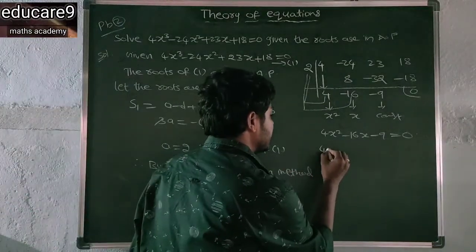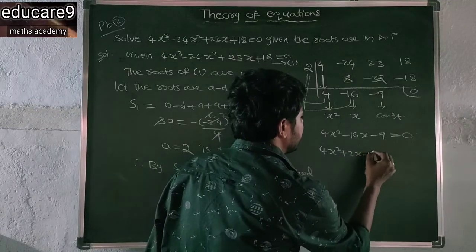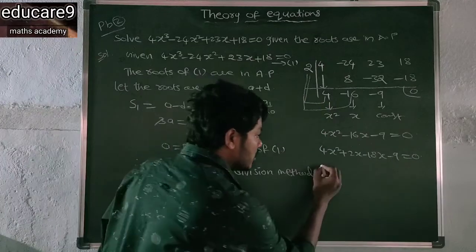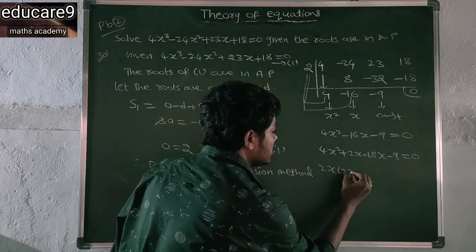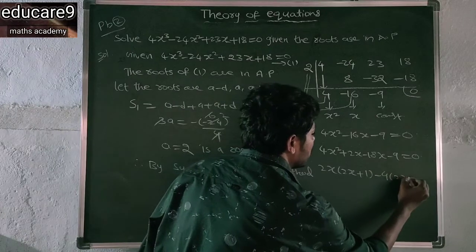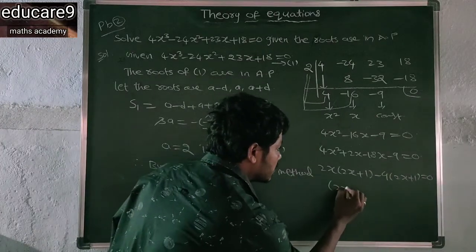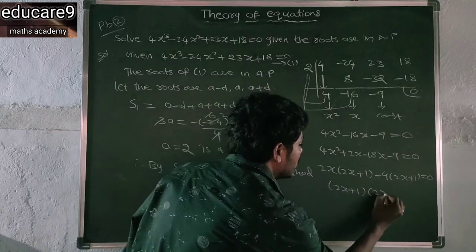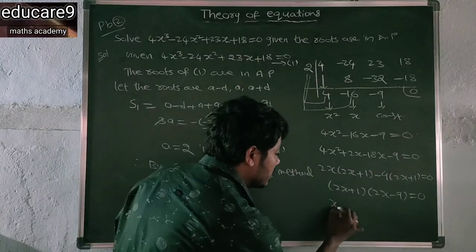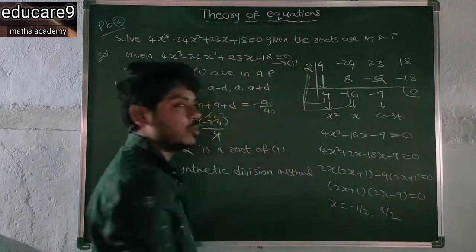So that is 4x square plus 2x minus 18x minus 9 is equal to 0. Here 2x is common, so 2x into 2x plus 1, minus 9 common, 2x plus 1 is equal to 0. So 2x plus 1 into 2x minus 9 is equal to 0. So what are the x values? Minus 1 by 2, 9 by 2.